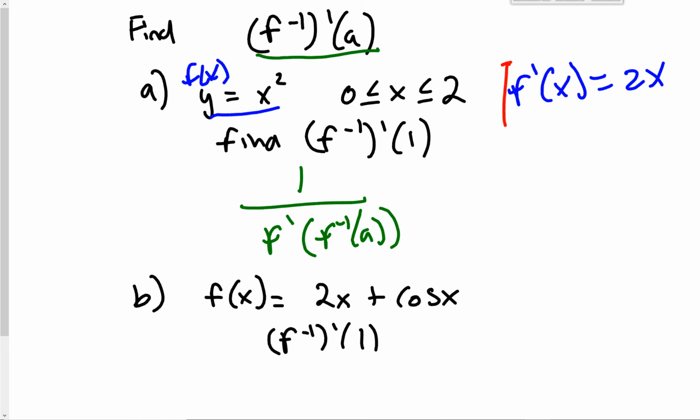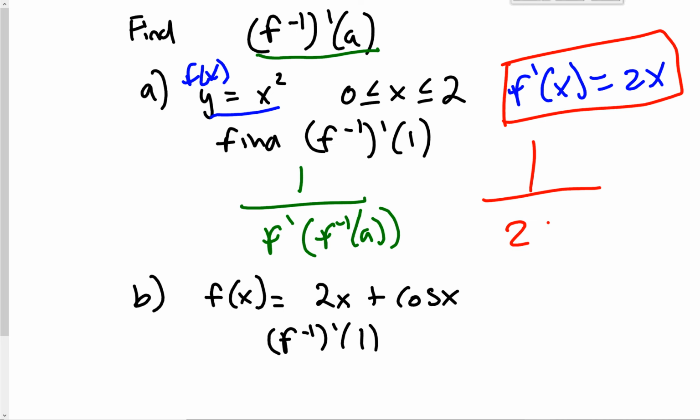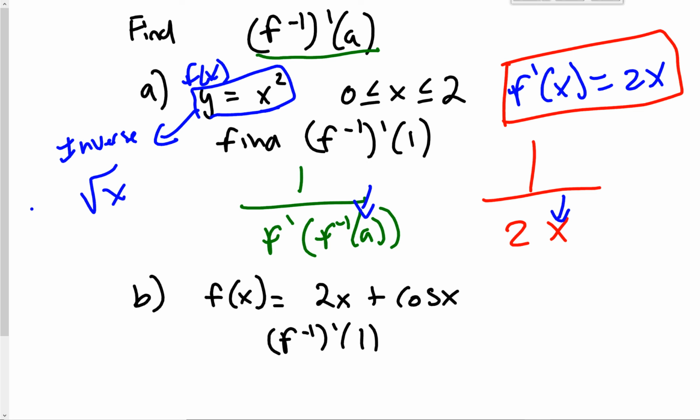So we have our derivative part. Then our equation is going to look like this, but what's going to go in this x is the inverse at a. So I need to find the inverse of this equation. The inverse would be square root of x.